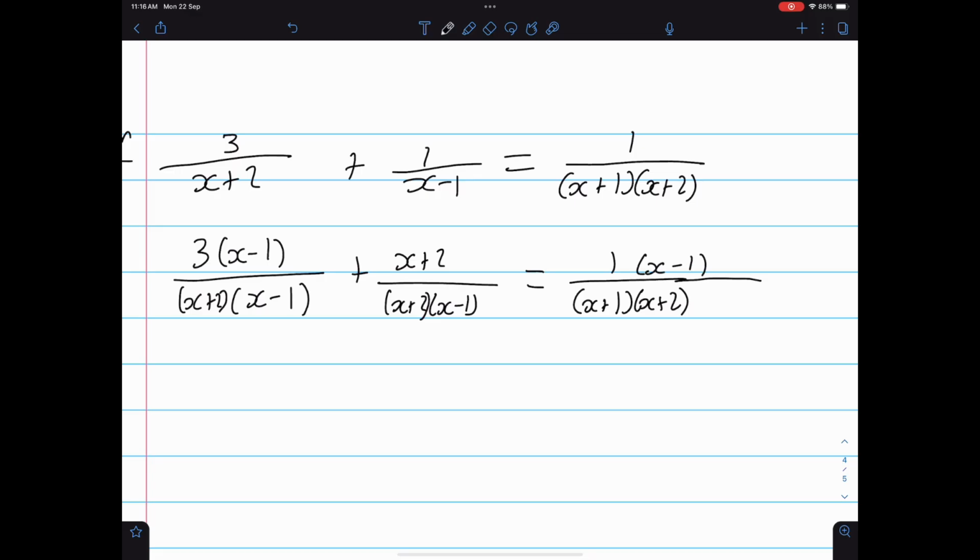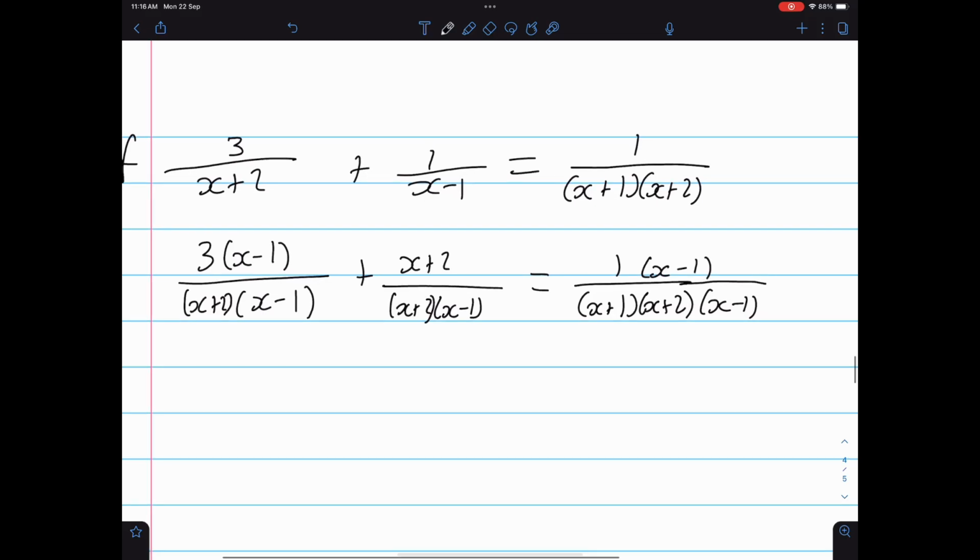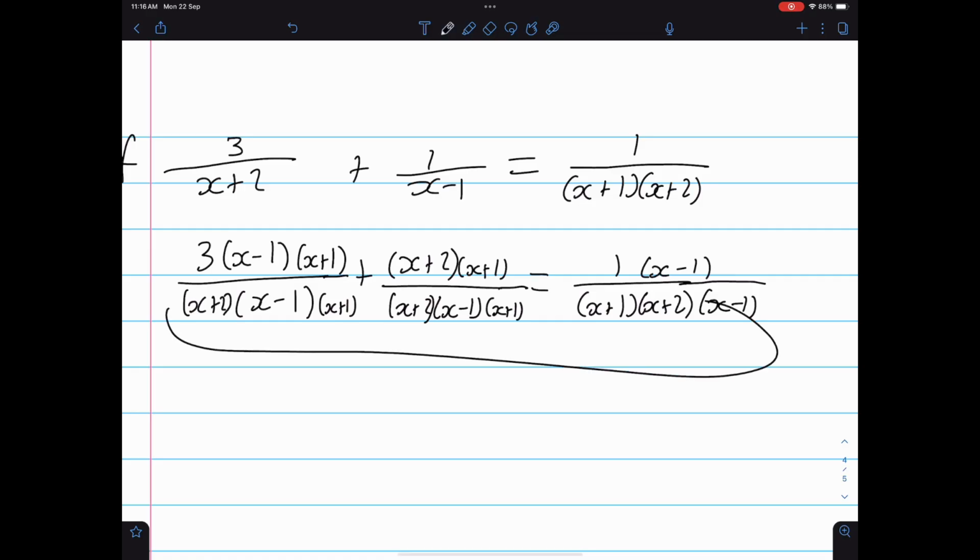And I'll add in this x minus 1 here. Now, this is starting to look like a cubic thing, but remember, because the denominators are the same, we can ignore them. So we're left with this.